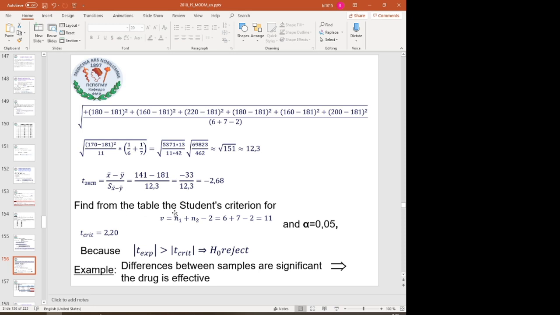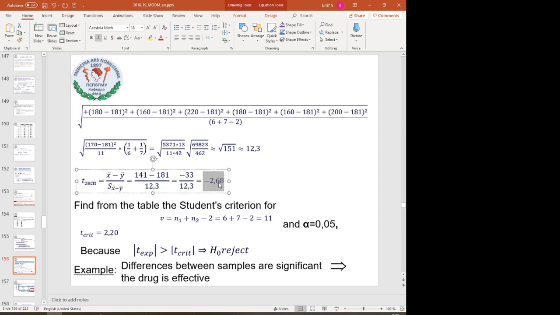The number of degrees of freedom is n1 plus n2 minus 2, it's 11. So let's go to the critical values table. For Student's criterion, it's already done, and the critical value is 2.20. Don't make a mistake, don't take this value as negative and compare negative with positive.